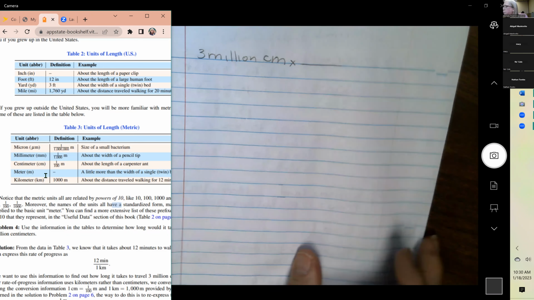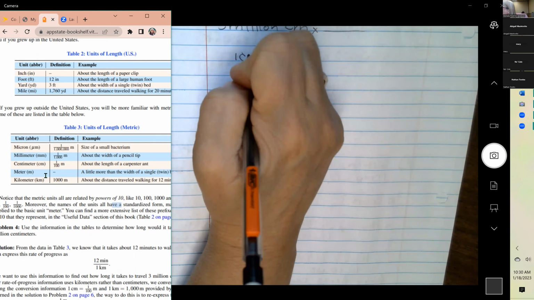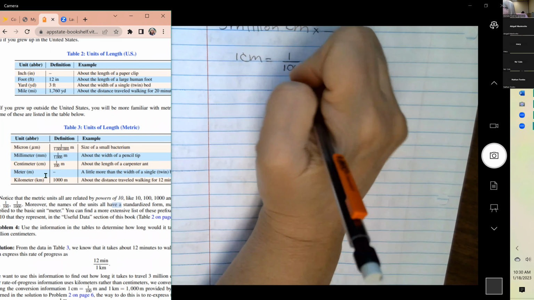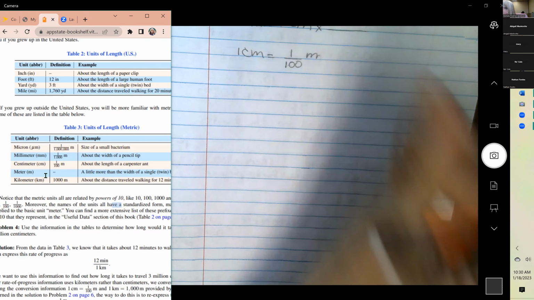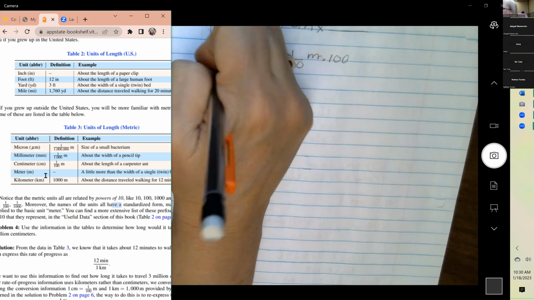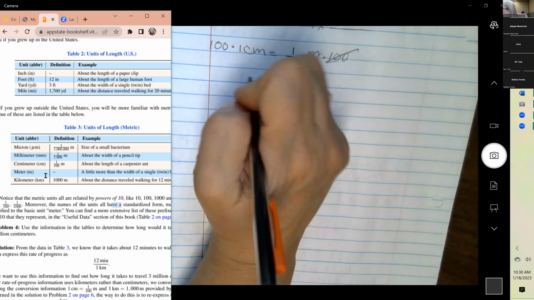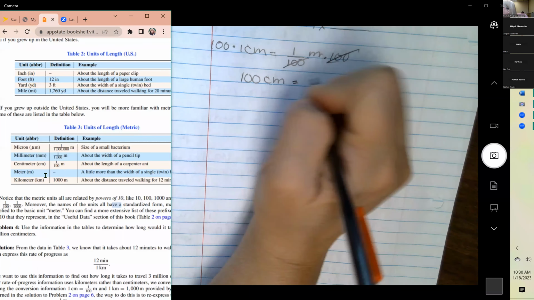What we're doing is, if we have, write it down here, 1 centimeter is 1 over 100 meters. We can multiply both sides by 100. So then we have 100 centimeters is 1 meter.